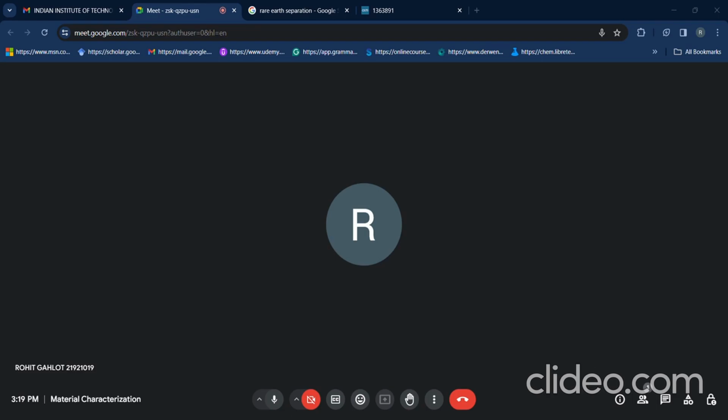Now there is one more thing I want to cover. We discussed briefly the SAED pattern in the last class. So we'll discuss indexing SAED patterns. Firstly, we select the central spot. After selecting the central spot, we measure the distance between the central spot and the other nearest spots.